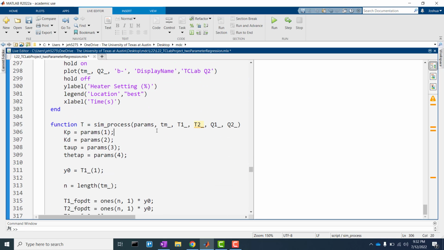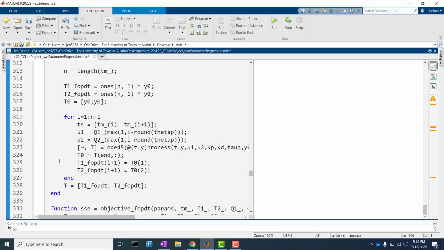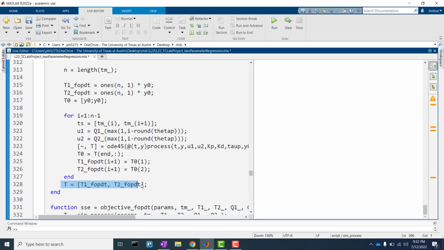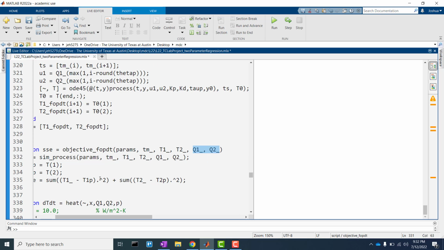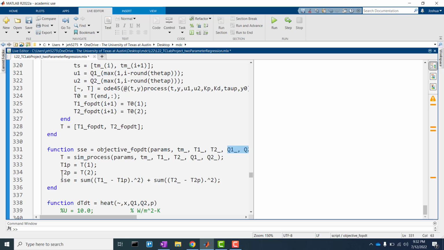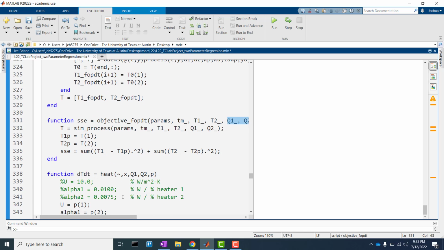Similarly, we have a sim process. This takes the parameters as well, and then will output the predicted temperatures. And then finally, our objective FOPDT will take the parameters as well as the heater settings, and it will return the prediction and then do the sum squared error between the heaters.